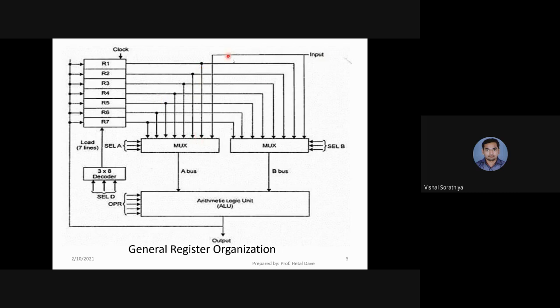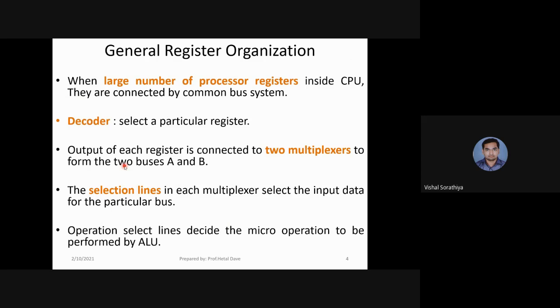The 0th line will be the input from the external. So the overall thing is that by using a mux, selection lines and buses, the data is interpreted, and again it is stored back to that location by giving the selection of the decoder line. That is all mentioned over here. What the decoder will do, what the selection line will do, this we have already discussed in the second chapter.